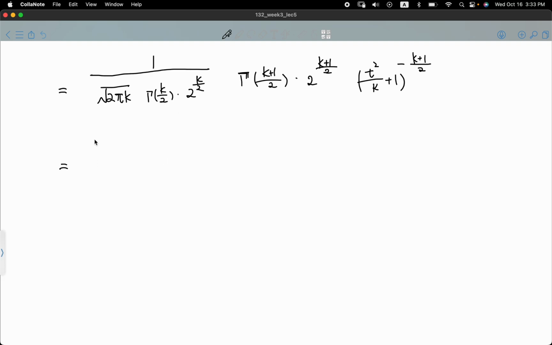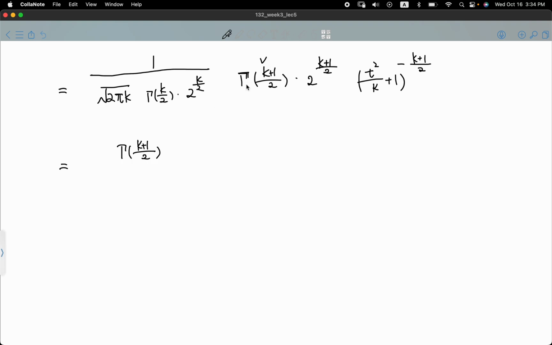Wait a second. You should have a gamma function of k plus 1 over 2 for this one.